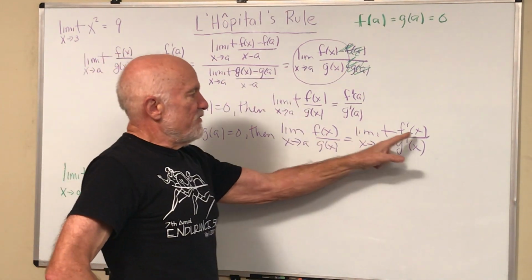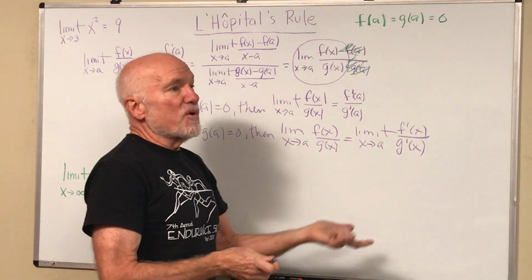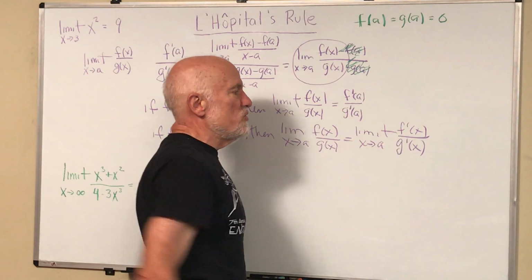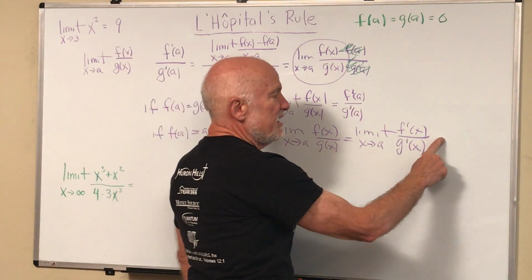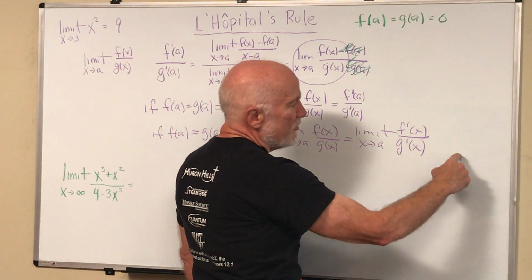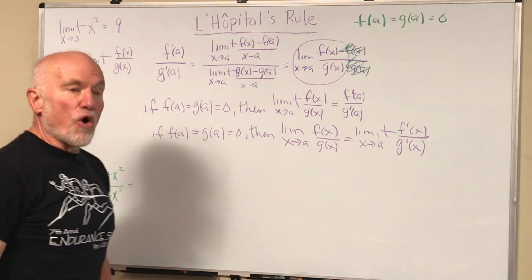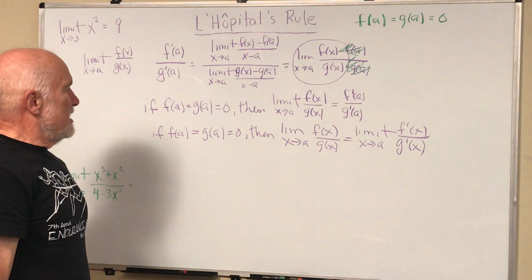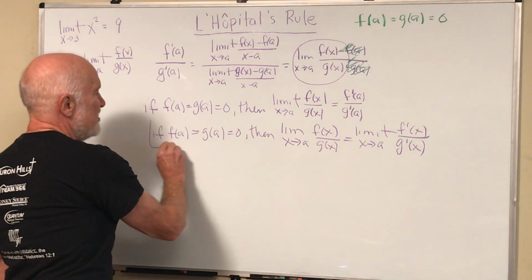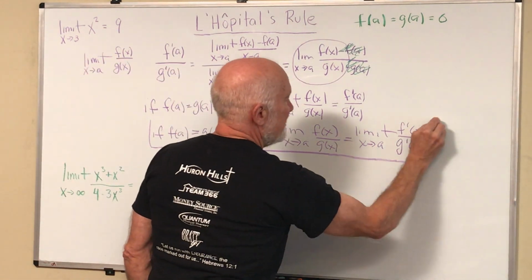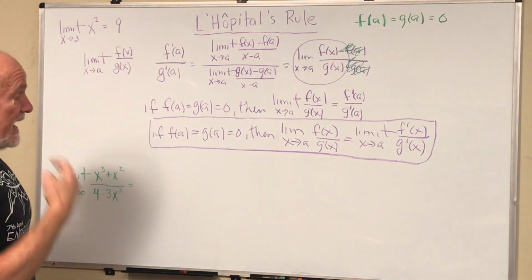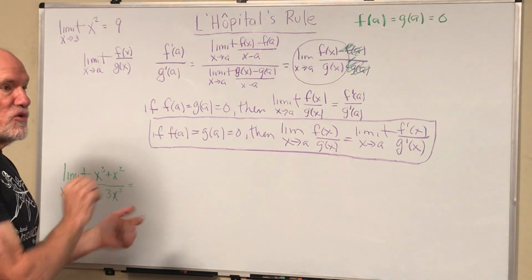So if this really does turn out to be a number, you can just stop at that point, but if it doesn't, you can just continue again and say this would be f double prime of a over g double prime of a. Or you can do the limit again. So this is the slightly stronger version of L'Hopital's rule, and that's the only one that I'm going to prove to you.